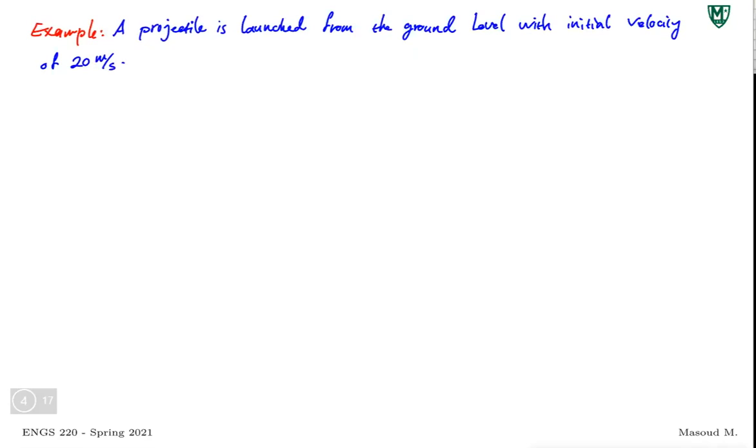That's pretty much it. Determine its range R if theta naught is equal to 30 degrees.